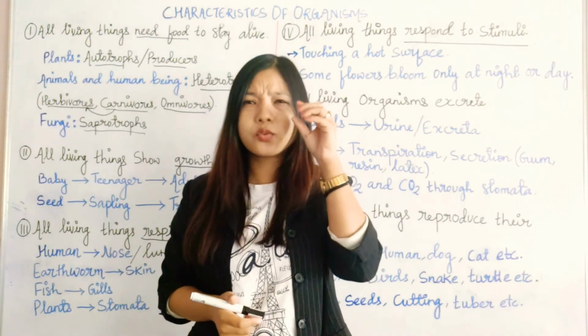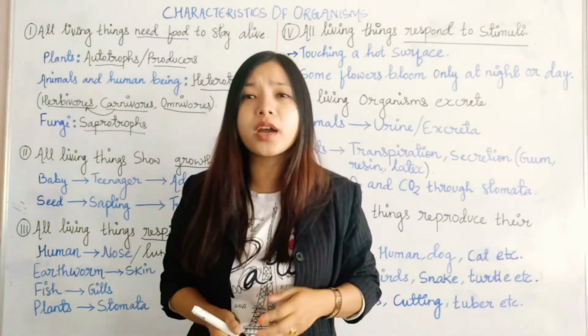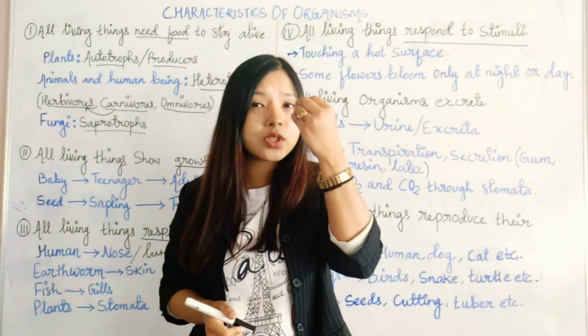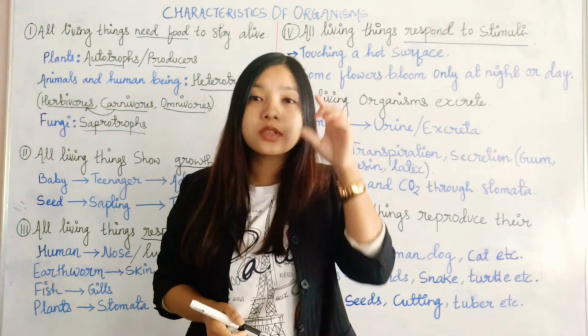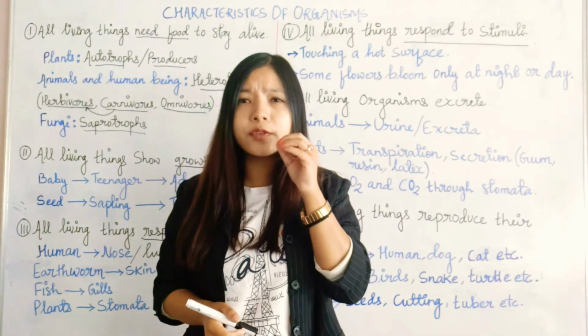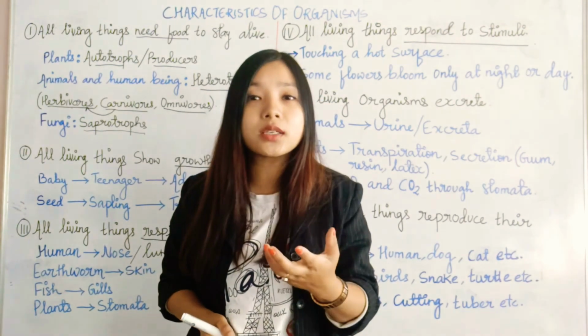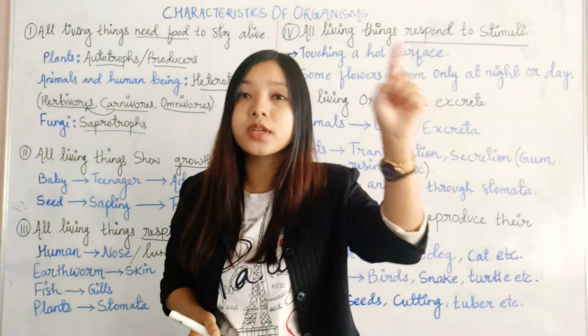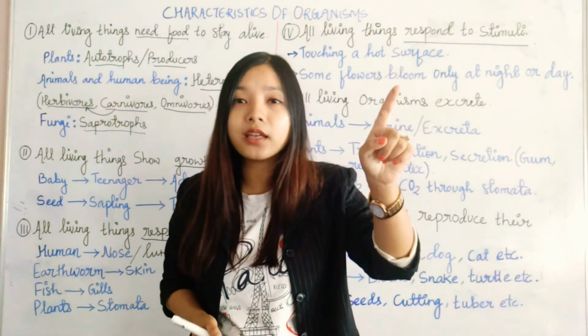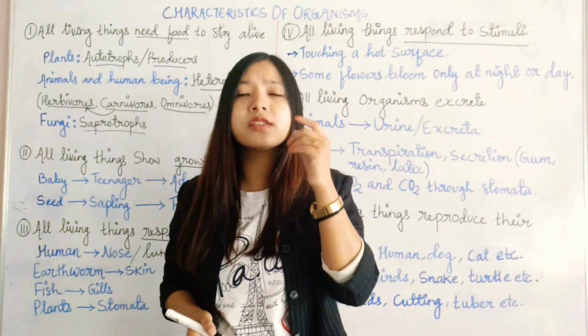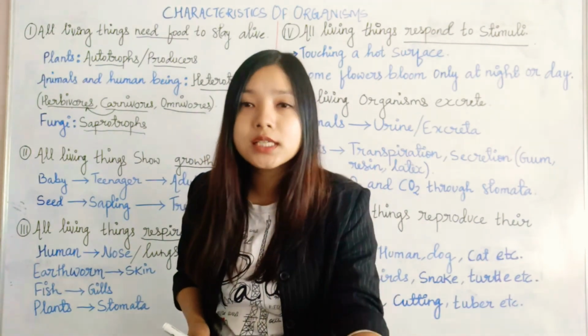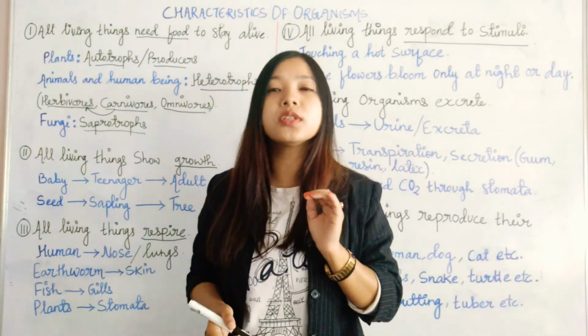You will squint your eyes or you will close your eyes, so that you can adjust your eyes to the bright light. The squinting of the eye or closing of your eye is your response to what? It is the response to the presence of the bright light. So bright light will be the stimuli and your squinting of the eyes will be the response to the stimuli. I hope you have understood.